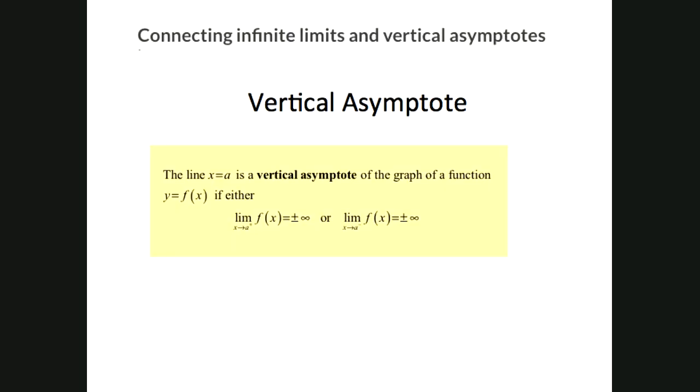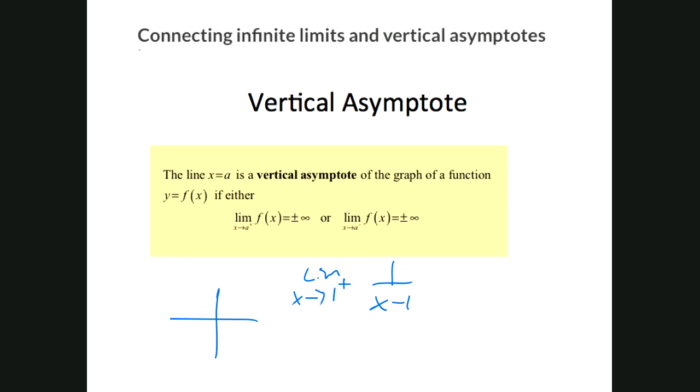Okay, so now we talk about infinite limits. So if you have a vertical asymptote, so basically what they're talking about now is if I gave you a problem like this and I said, okay, I want to know what the limit as x approaches 1 from the right is. Well, I know that this function looks like this.